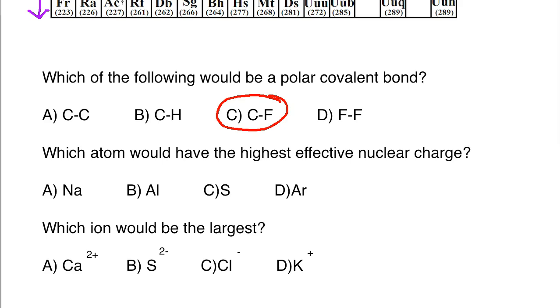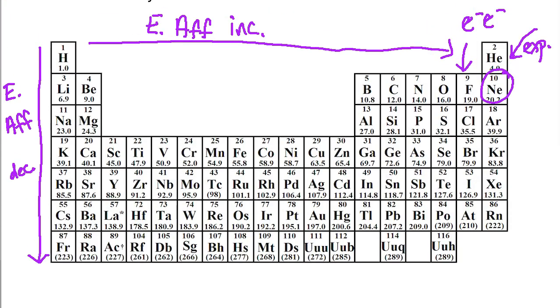If we keep in mind that electronegativity values increase as we go across the chart, from hydrogen all the way over to helium and the noble gases. Again, the noble gases are excluded, so fluorine's the highest. We have fluorine with a very high electronegativity, then carbon with an intermediate, and then hydrogen would be lower.